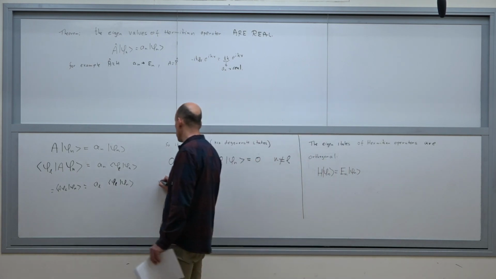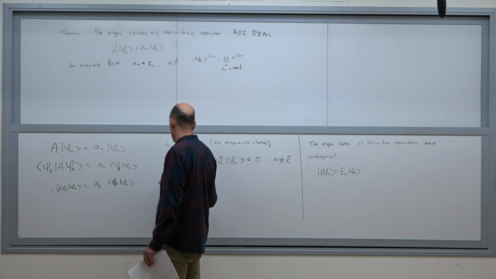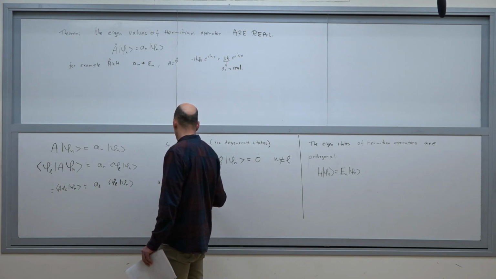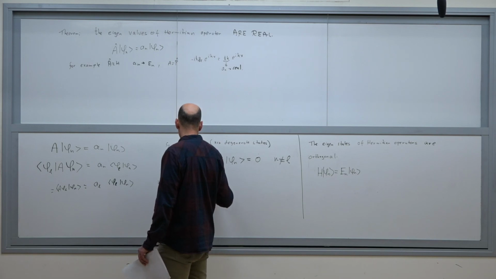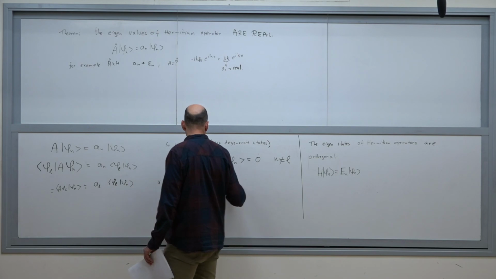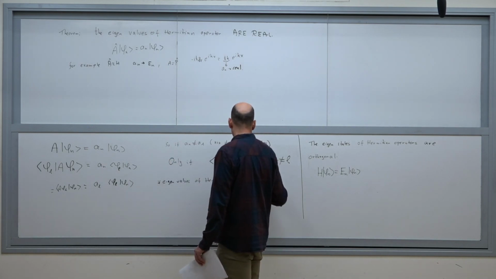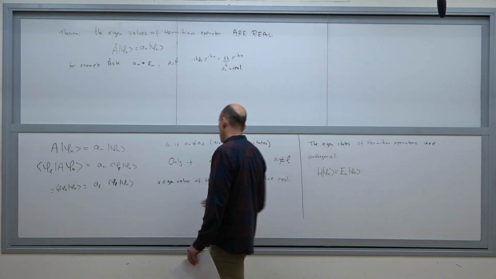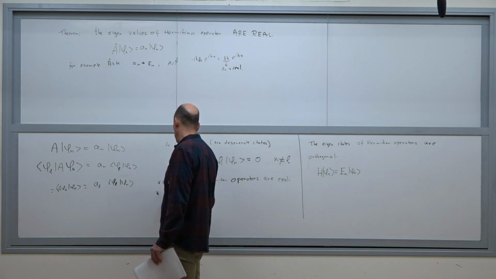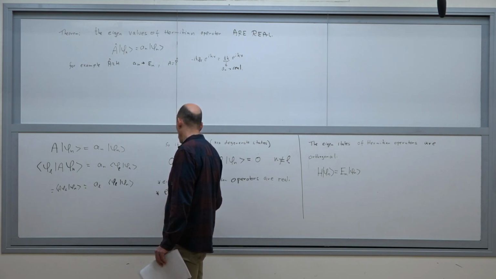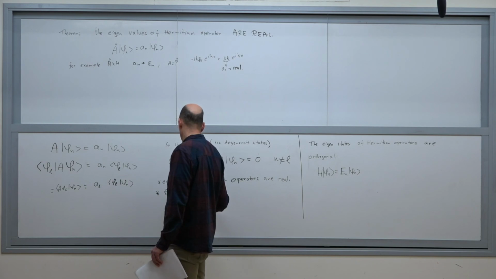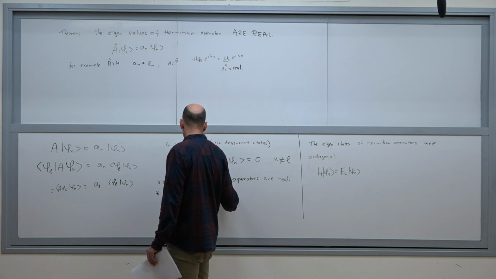So, just to summarize, the eigenvalues of Hermitian operators are real. The eigenfunctions are orthogonal.